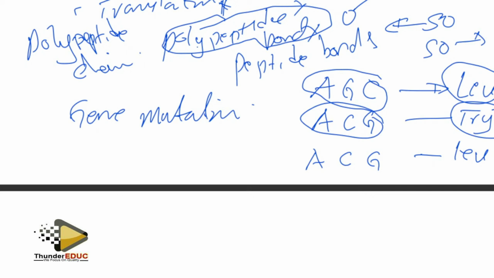This leads to a different protein or a different functioning of the protein. Mentioning this is a tick, and mentioning different protein is another tick, because this question is always 3 marks.